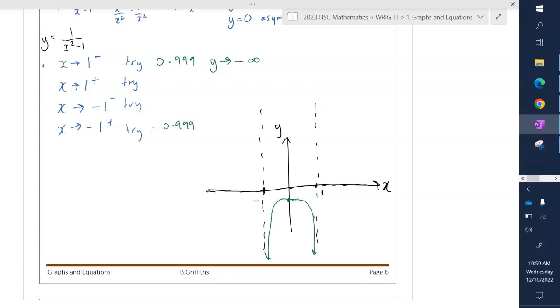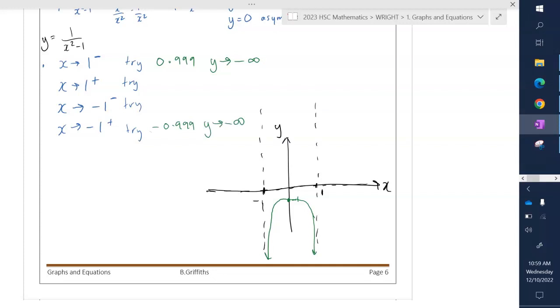If we pop that into our function, we're going to get a value that is less than 1, and when we take it away from 1, it's going to be a negative. So 1 divided by a really tiny negative number is going to give us a massively large negative number. We're going to head towards minus infinity.